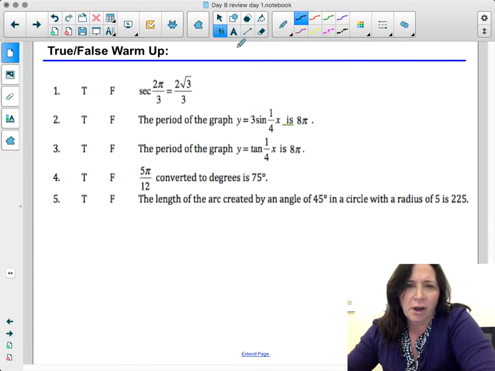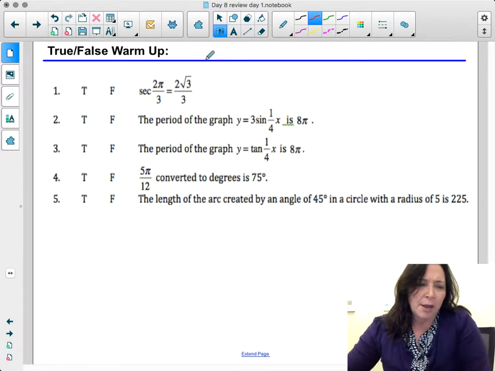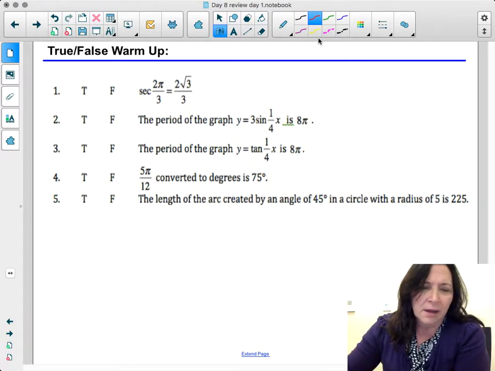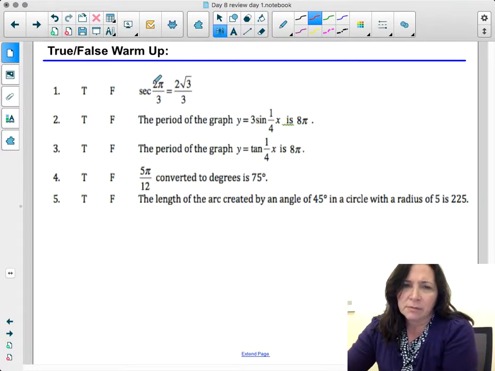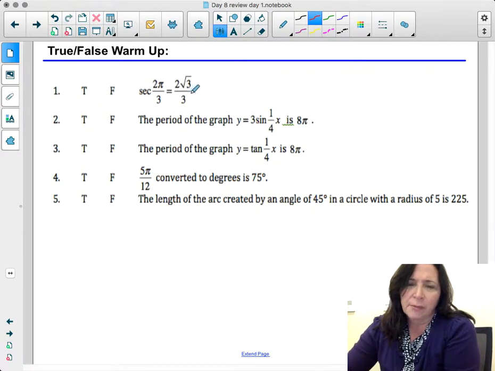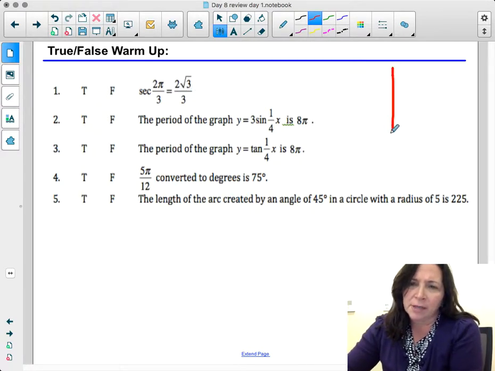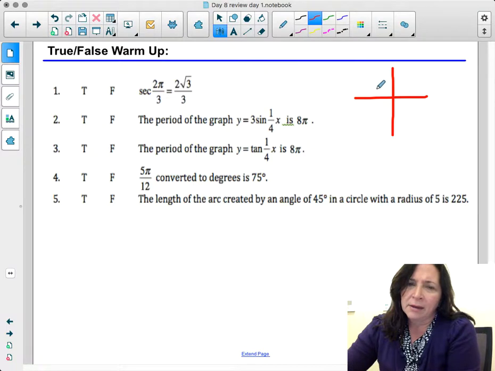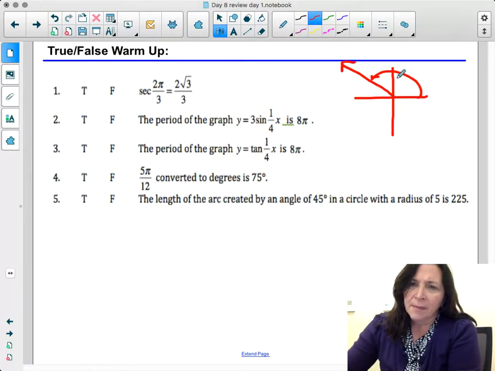So we're gonna start off with true false. This is asking me: secant of 2 pi over 3 is equal to 2 times root 3 over 3. So I'm going to make a little graph here. And 2 pi over 3 is over here, that's at 120 degrees. And if this is 120 degrees, you know that's 60.